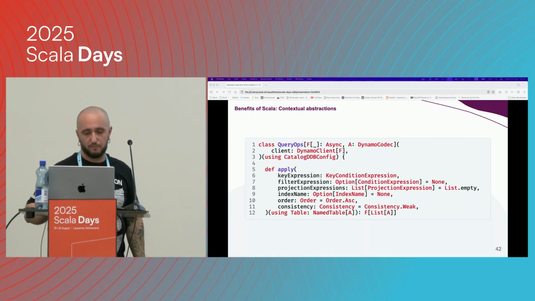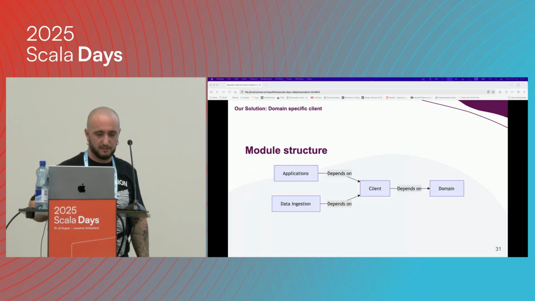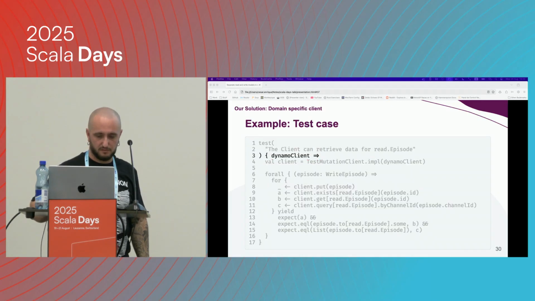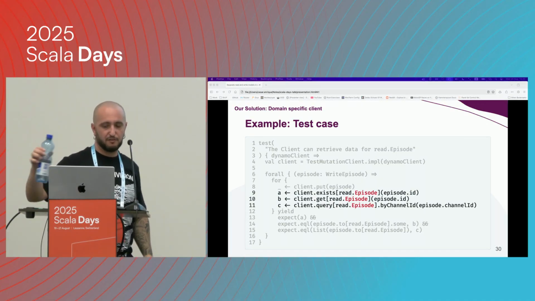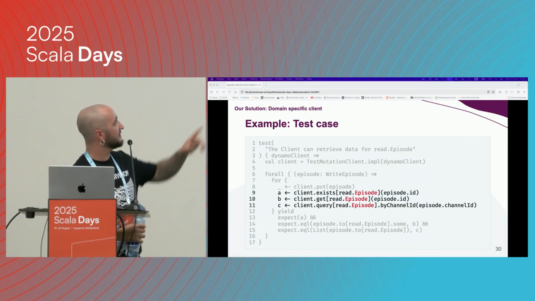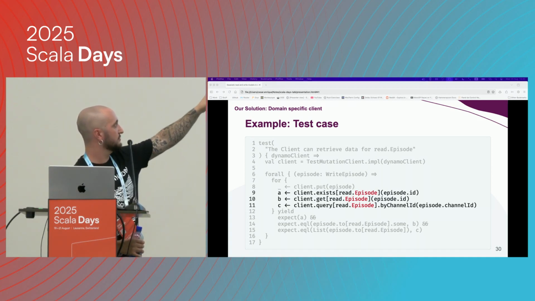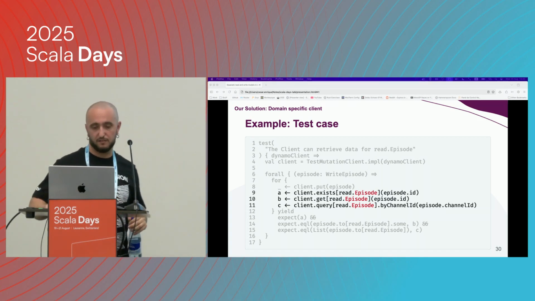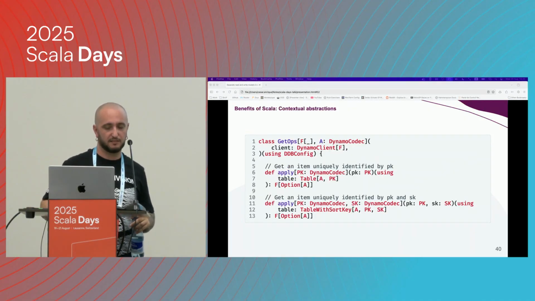But if you remember, I'll go back to the slide where I show this. So here, you can call another method right after query. And this method is specific to the episode type. How we do this is we use extension methods.